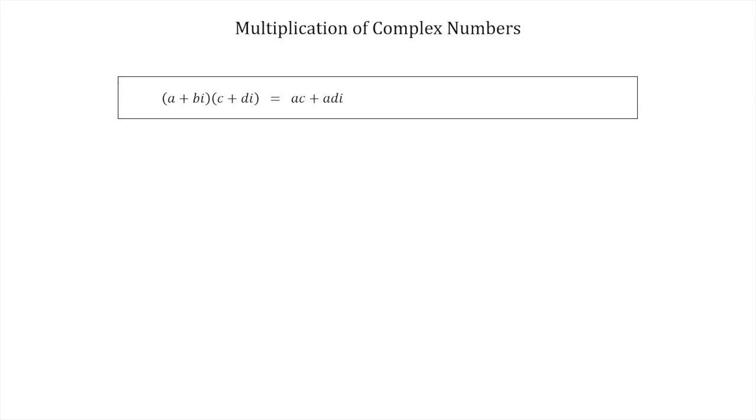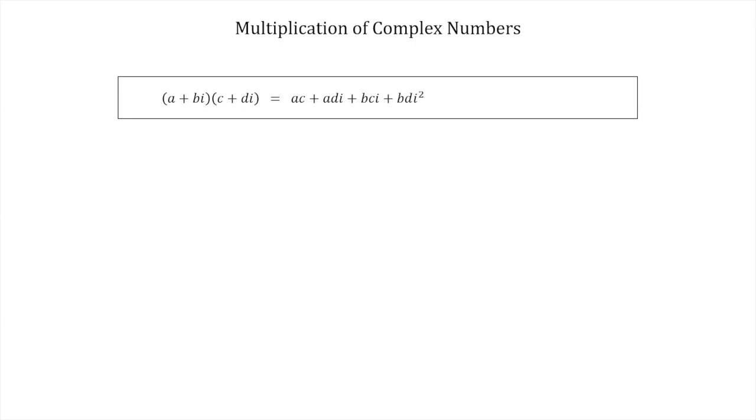Then we're going to get b times c times i, if we times c by the bi term. And then finally we'll get the bi term times the di term, which is plus b times d times i squared, because we have b times i times d times i.